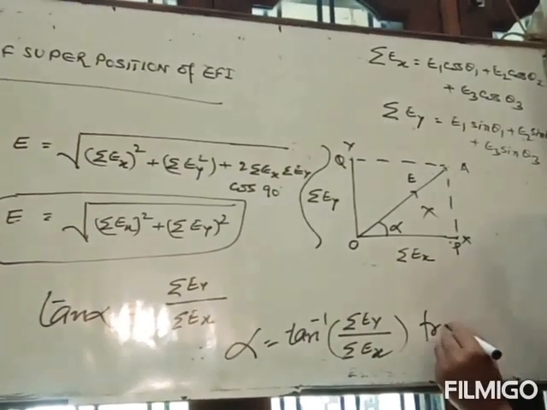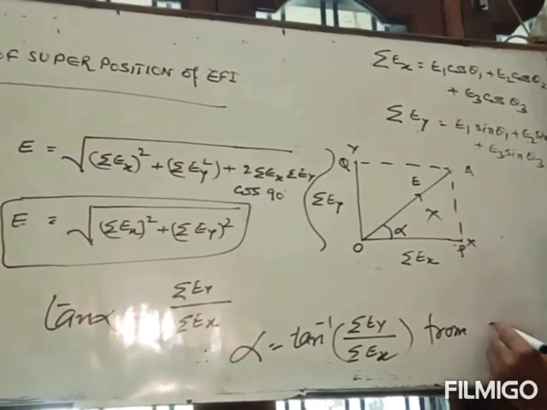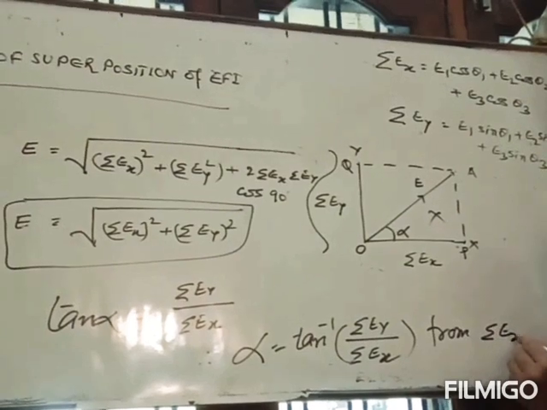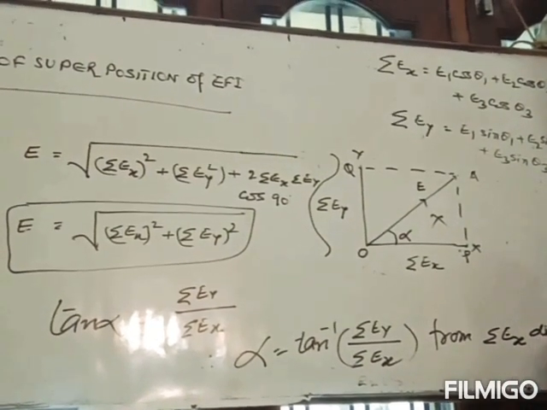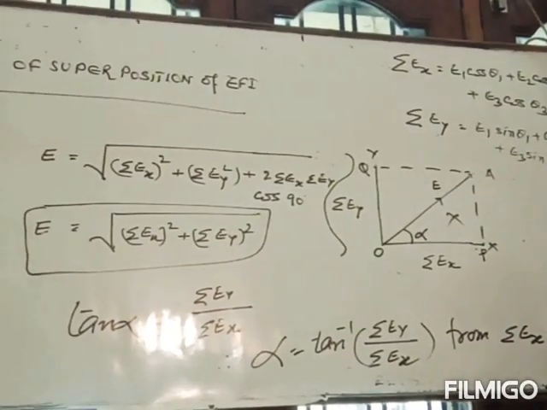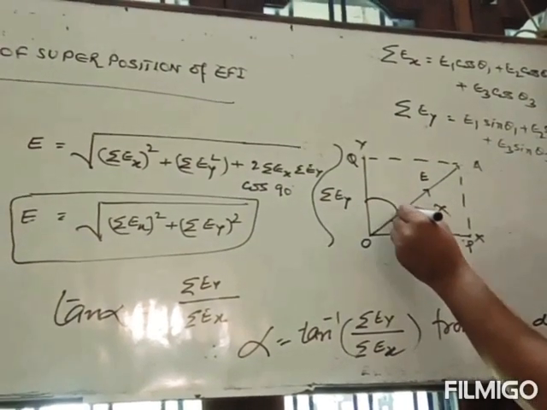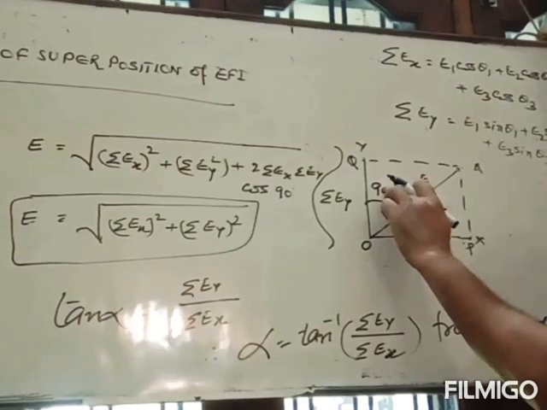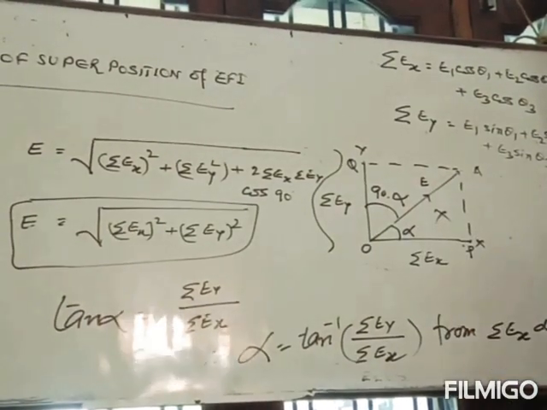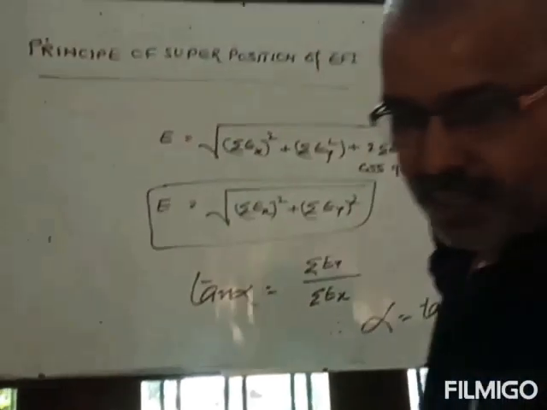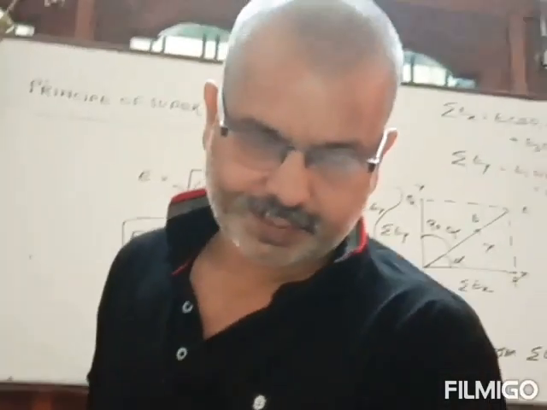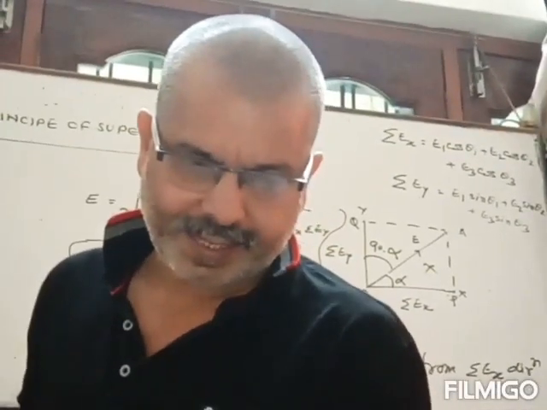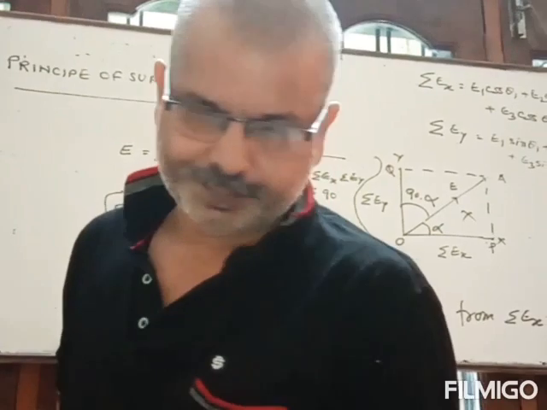Here it is from the summation Ex direction, or from summation Ey it is 90 minus alpha. So in this way you will get the direction of the resultant EFI if various electric fields are acting at a certain point.